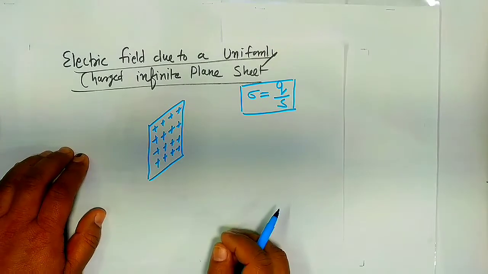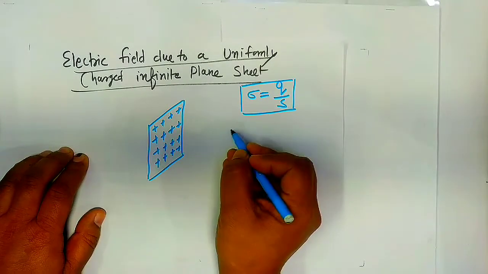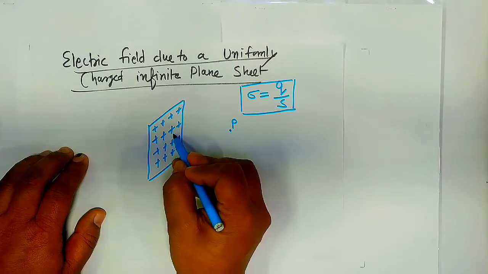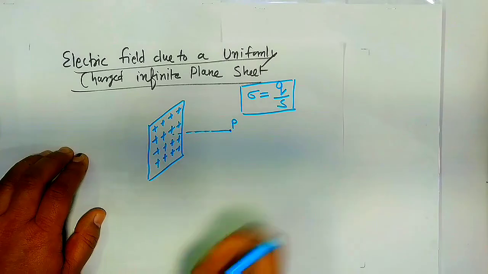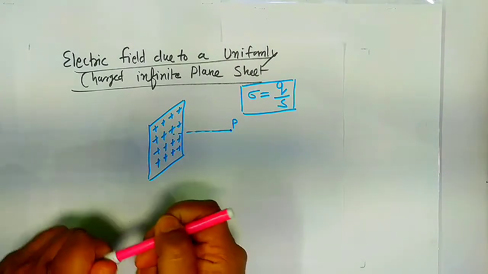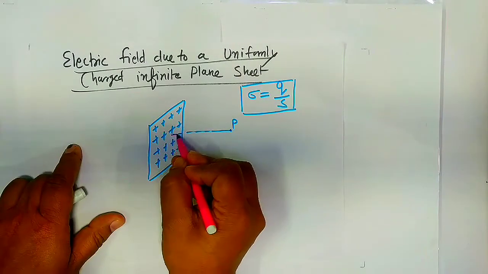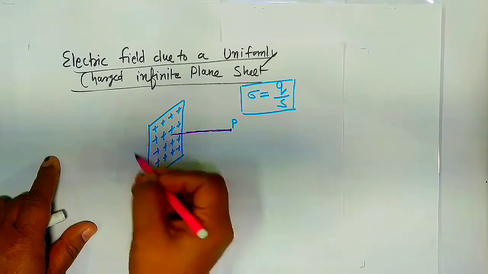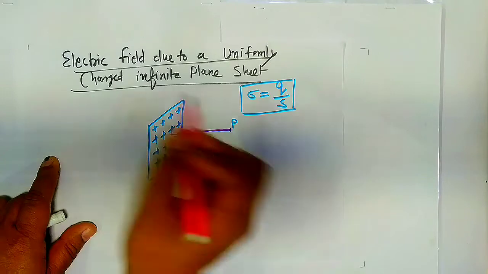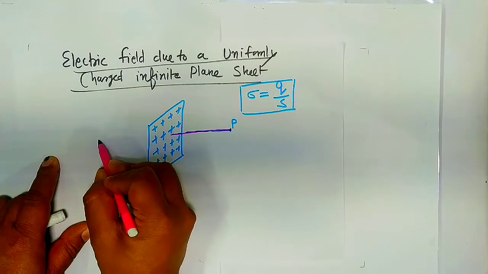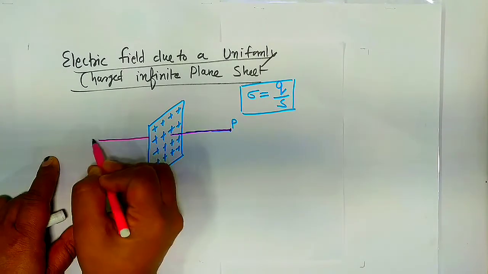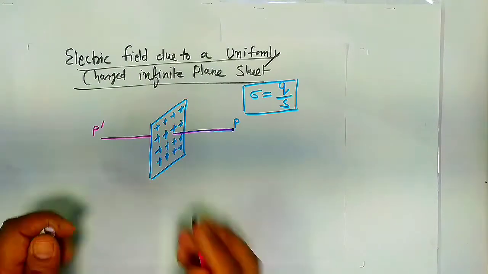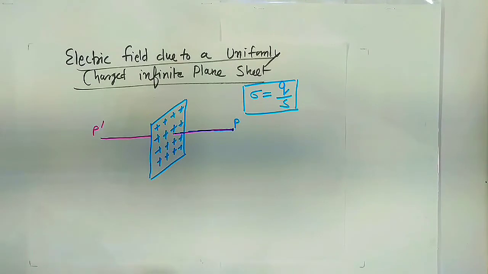Now you have to calculate, say, the electric field at this point P. So you join this point P to the charge sheet, this is the line. Similarly, by symmetry, there will be another point on the other side, say P dash, because on both sides the electric field will go away from the charge sheet.